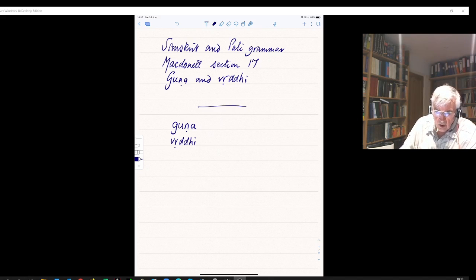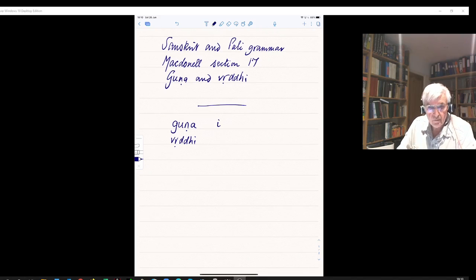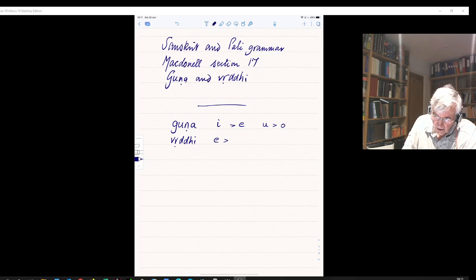So, Guna: the unstressed or zero grade is I, and in Guna it becomes E. And likewise, short U in Guna becomes O. In Sanskrit, but not in Pali, the vriddhi, the further increase, takes E to AI and O to AU.